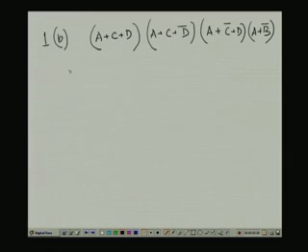Now, if we take the first two terms, then A plus C is common and D bar is different.